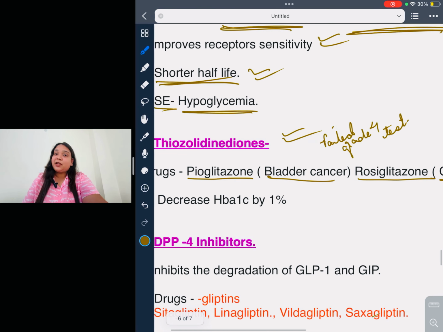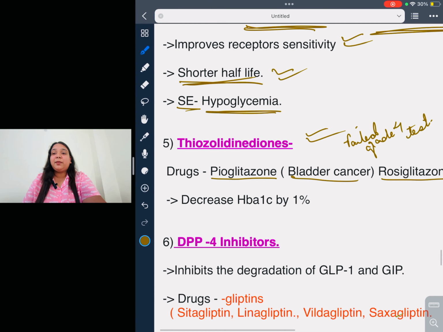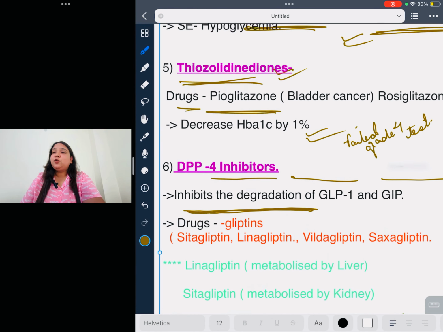Just imagine a patient coming to you for the treatment of diabetes type 2 and ending up getting bladder cancer or CHF. The patient will come and kill you first of all. One benefit we had with these drugs was that they decreased the HbA1c level by 1%. But they're not used nowadays due to their side effects.